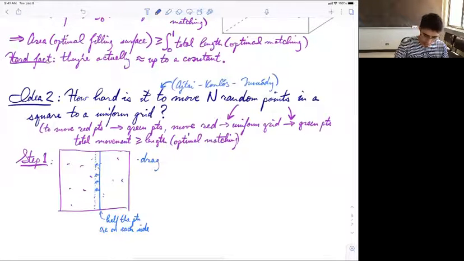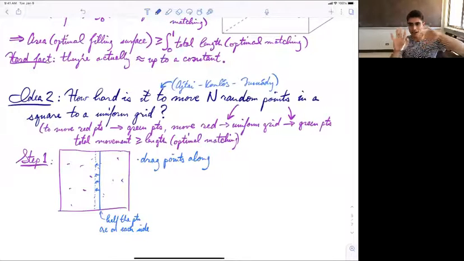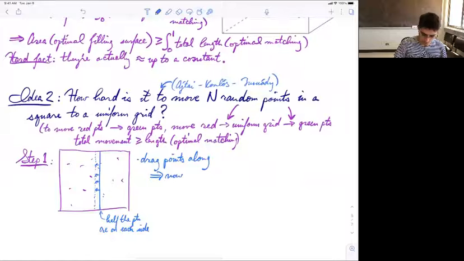We drag the points along as if they were drawn on a sheet of saran wrap, stretching the sheet on this side and compressing it on this side. Now there are equal numbers on each half.